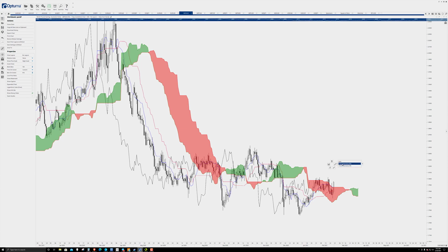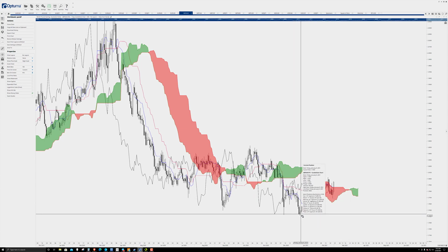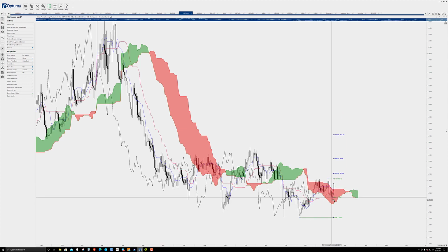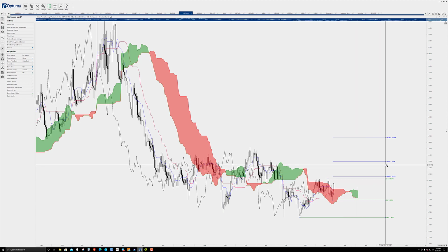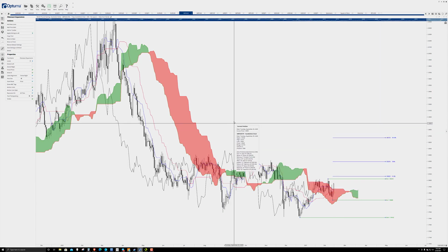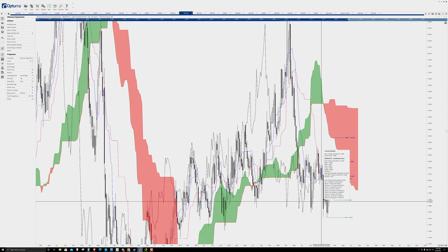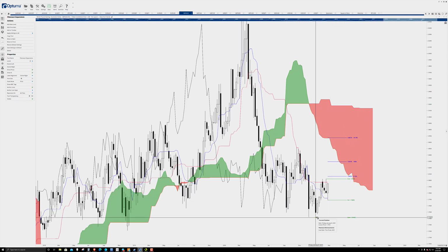Let's check out the extension here. Expansion, rather. Go from that swing to this swing. Okay, that's the 1618. Then I want to know retracement-wise on a weekly chart. Taking a little bit longer here than I wanted to.